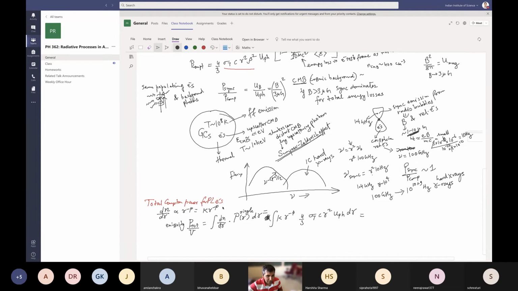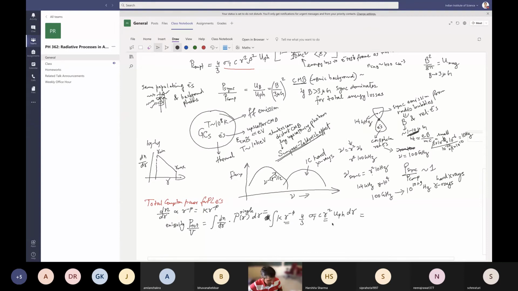There is a power law distribution dn d gamma as a function of gamma. I'm sort of making a log plot. So this is a power law, but you cut it off, you make it go to 0 at gamma min and gamma max. So all you have to do is just gamma to the minus p plus 2.